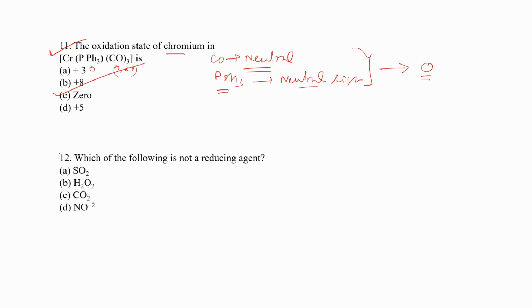Now, which of the following is not a reducing agent? Look, it is not a reducing agent, that means it acts as an oxidizing agent. An oxidizing agent can oxidize another species and it will be reduced.